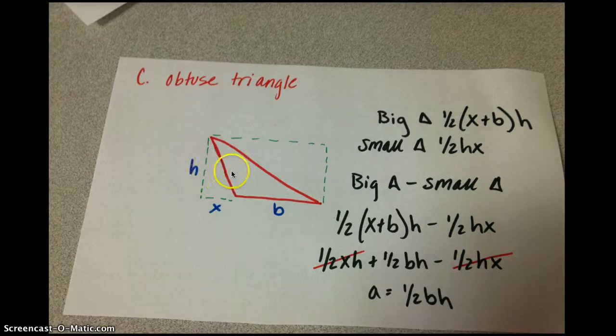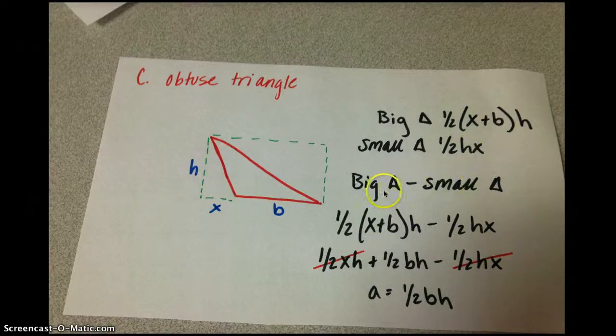What we do first is we take the big triangle and we do half times x plus b times h. And then we take the small triangle, just right here, and we do half times h times x.